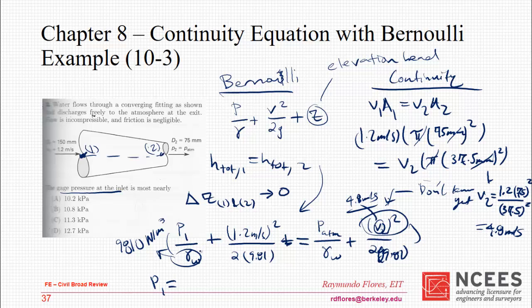So P1 is, it's kind of weird because let me just rearrange everything. So if we have 1.2 squared divided by 2 divided by 9.81, and we get 4.8 squared divided by 2 divided by 9.81.